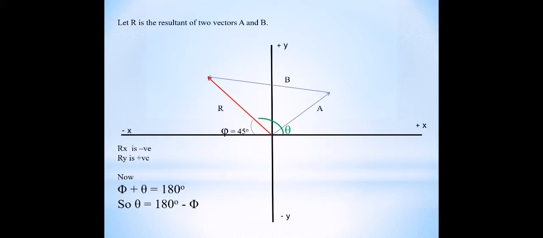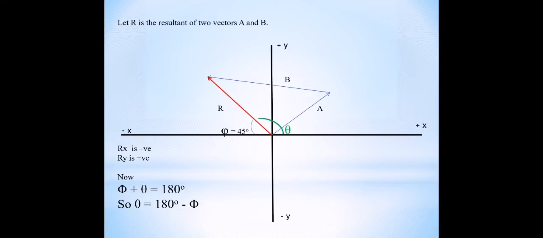The angle of the resultant vector r with the negative x-axis, because in the second quadrant the x-axis is negative, is 45 degrees. It is phi, and theta, represented in green, is the angle of the resultant vector with the positive x-axis. So when we apply the formula tan inverse ry upon rx, we find phi, which is 45 degrees.